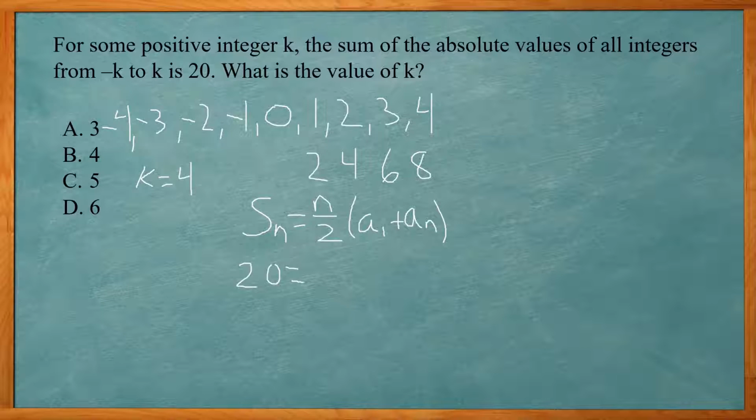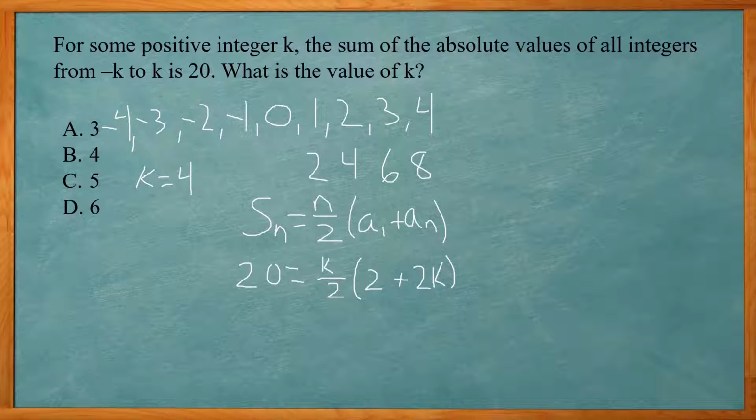The n will actually be k, basically the kth term, over 2. A1, our first term, is 2, and then our last term is going to be 2k, k times 2.